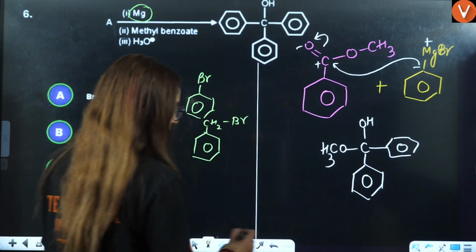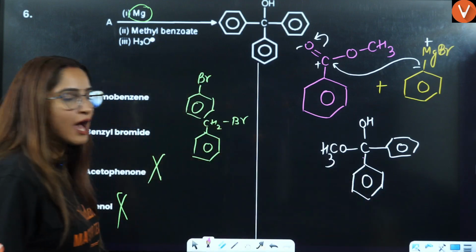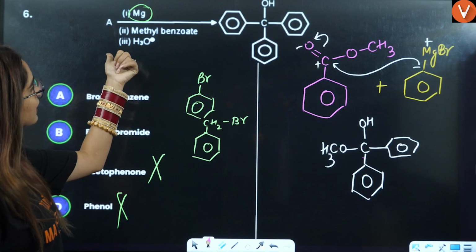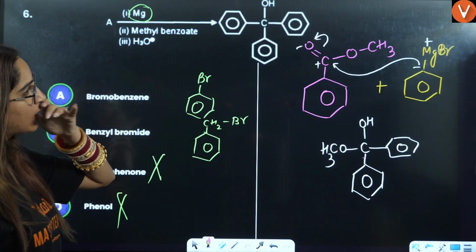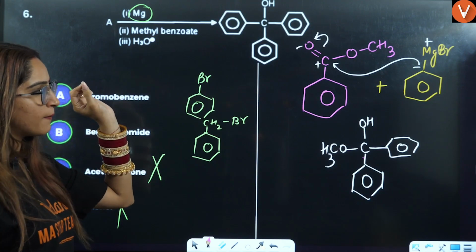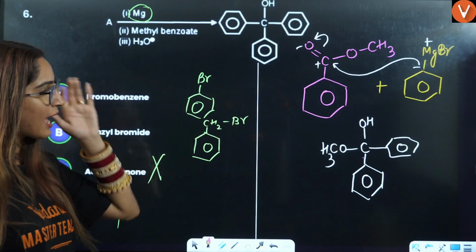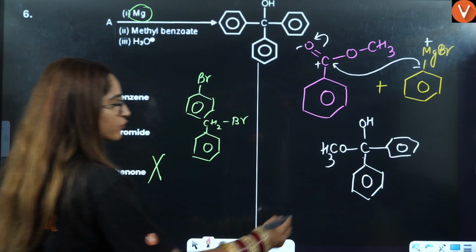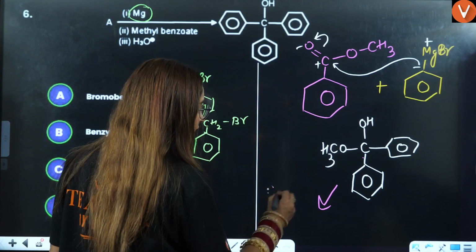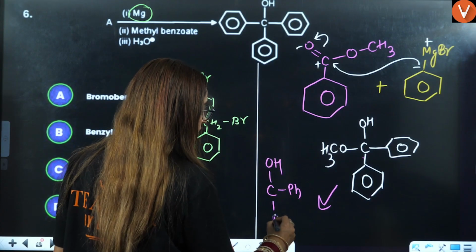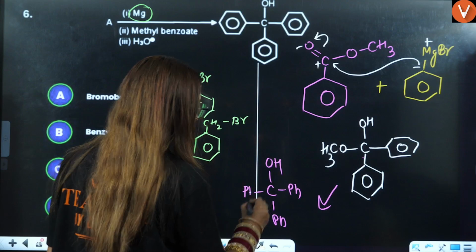Okay, do one thing here. When you have a situation like this, then if one more molecule of this attacks here, you can have the formation of three. Here this is OH, this is Ph, this is Ph, and this is Ph.